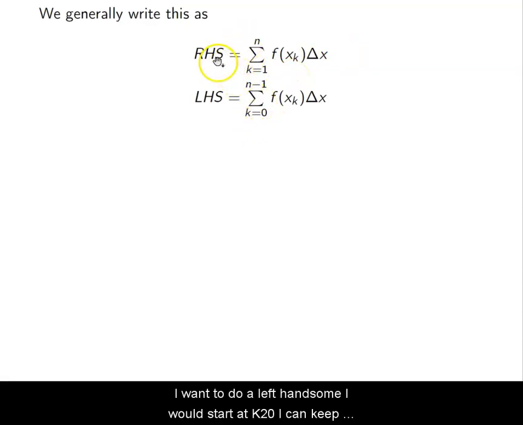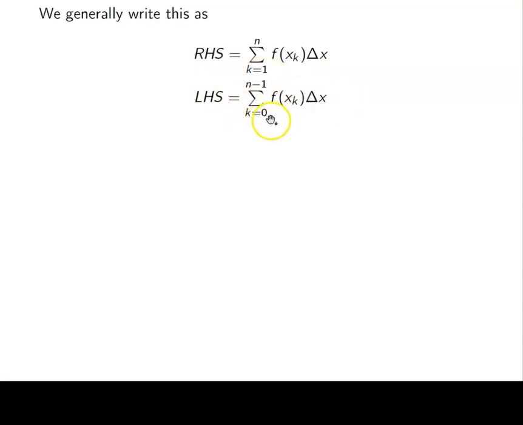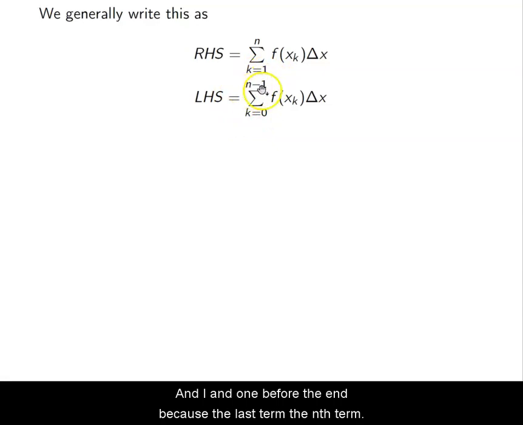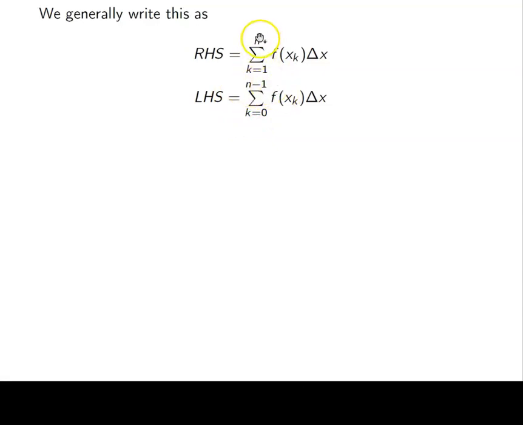If I want to do a left-hand sum, I would start at k equals 0. I can keep the same index, but remember, I'm starting at the 0 term, the first one at a, not at the next one up. And I end one before the end, because the last term, the nth term, is on the right side of the last rectangle.